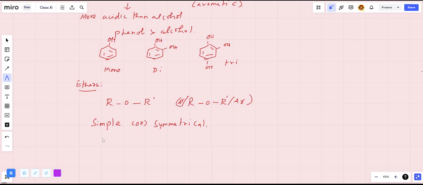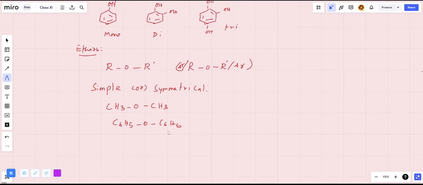Simple or symmetrical means both alkyl groups are same, like CH3OCH3 or C6H5OC6H5. Both the groups, whether alkyl or aryl, are same. So this is simple or symmetrical.